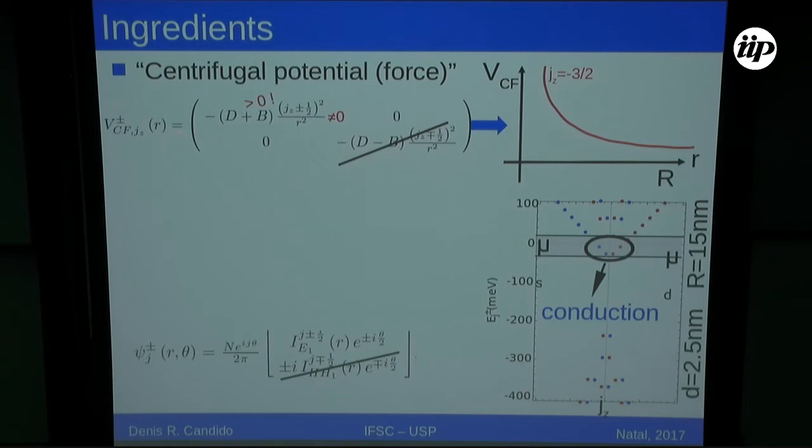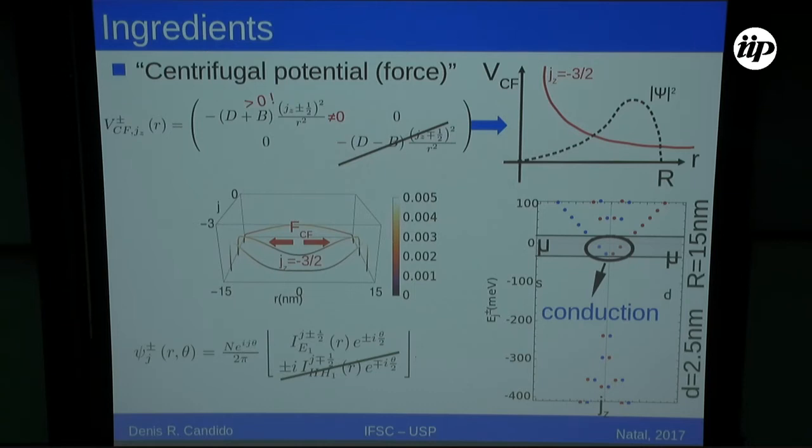However, when I have minus d plus b greater than 0, the confinement of my wave function will be near the radius of my disk. So here we can see that what is really pushing the trivial conduction levels of my dot is the centrifugal potential.